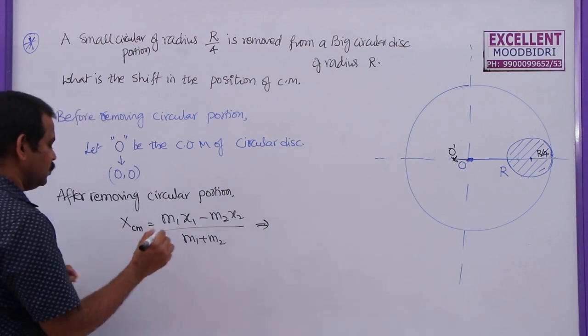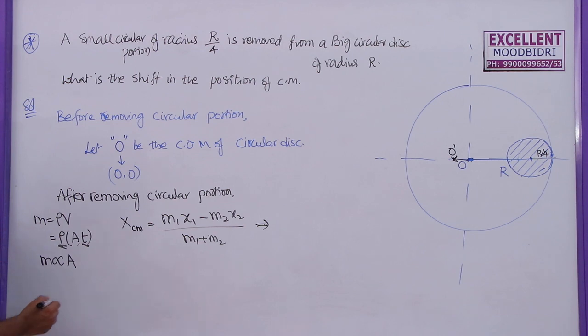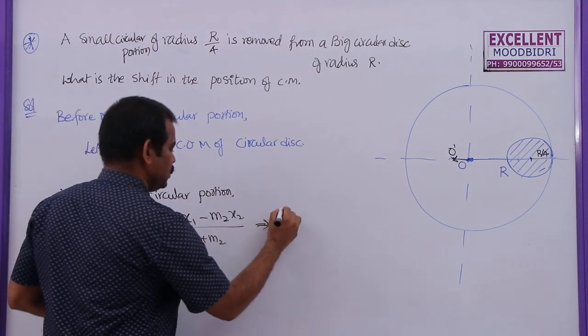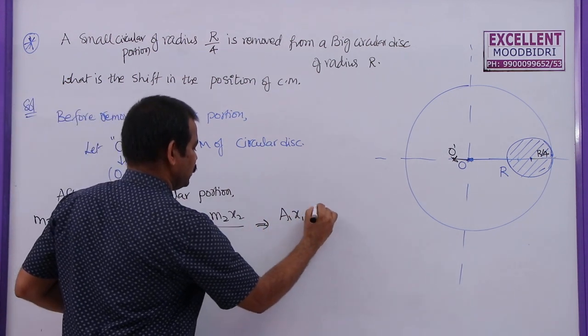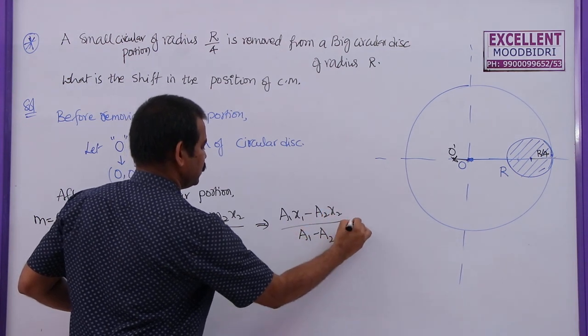As we know, mass is equal to density into volume, so density into area into thickness. Density is constant, thickness is constant, so mass is directly proportional to area. So this expression can be written as (A1 x1 minus A2 x2) by (A1 minus A2).